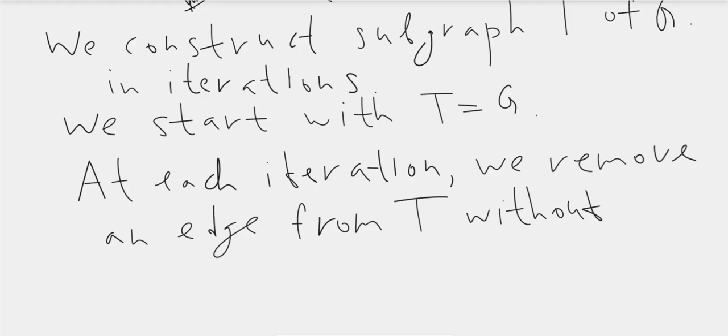Oh, let's write it differently. Not without violating connectedness, but let's say we remove an edge from T that belongs to a cycle, if there is any cycle.